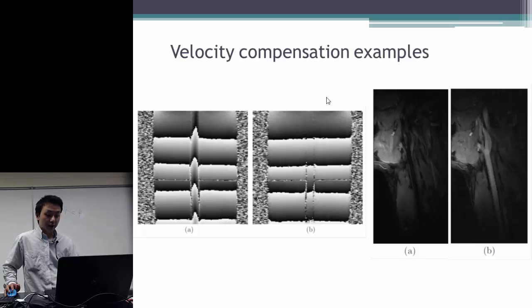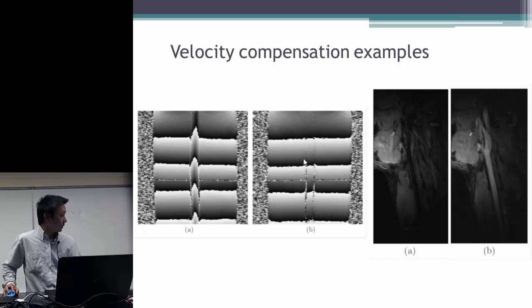Okay, so here is the velocity compensation effect. Without velocity compensation, let's say this is the readout direction, we can see that there is a phase change when there is flow through this tube.